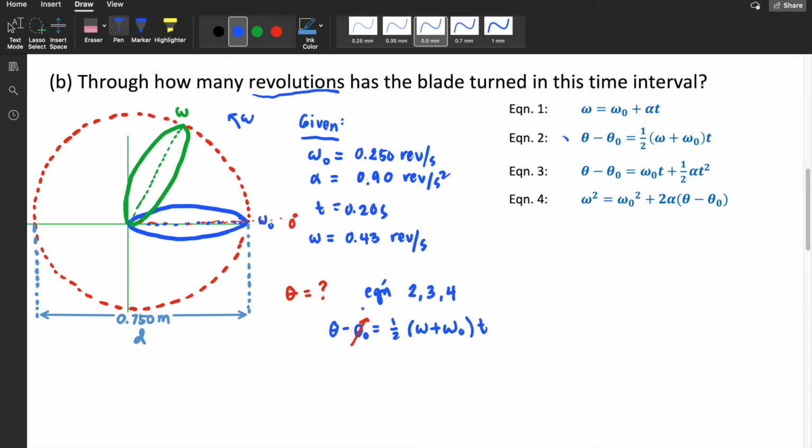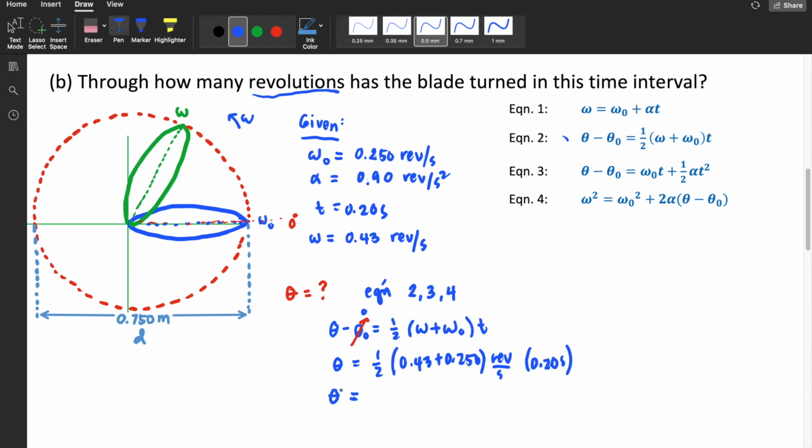So ang tendency is that you'll have theta is equal to 1/2 times final 0.43 plus 0.250 revolutions per second times 0.20 seconds.